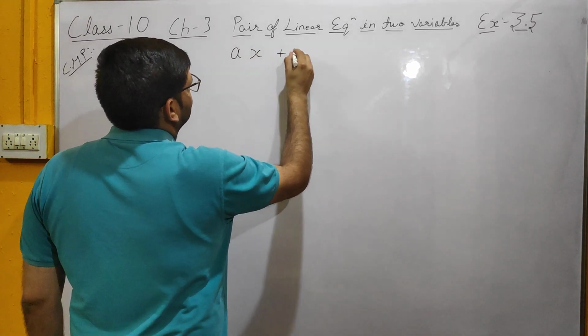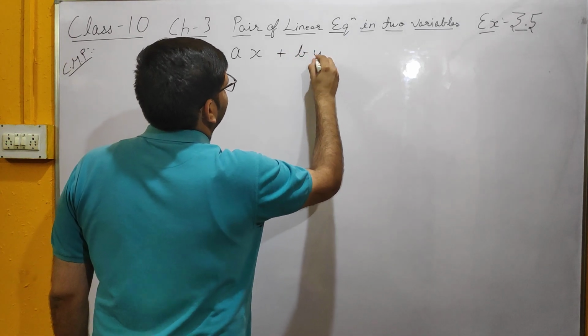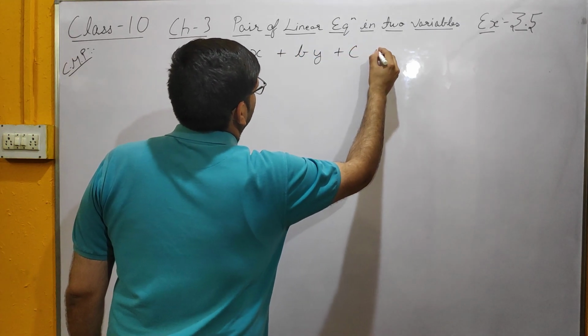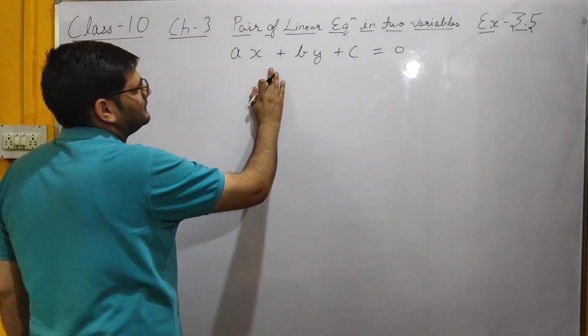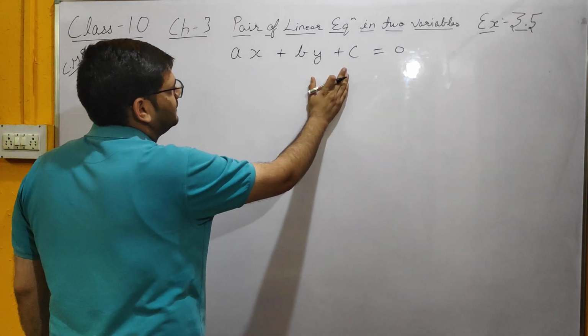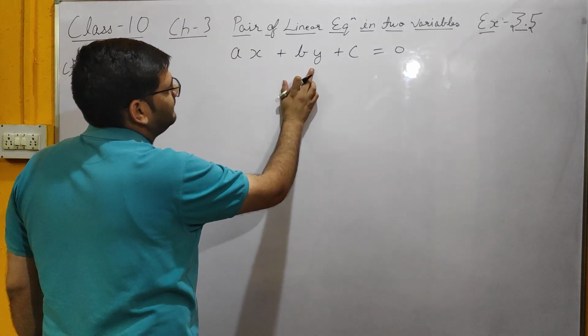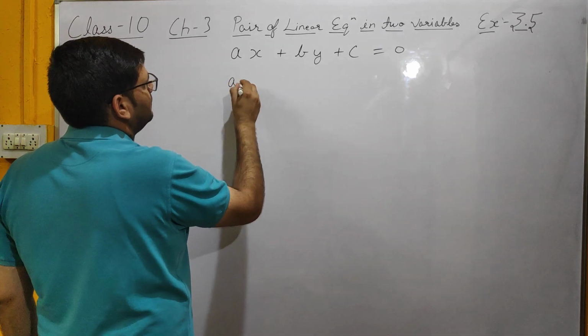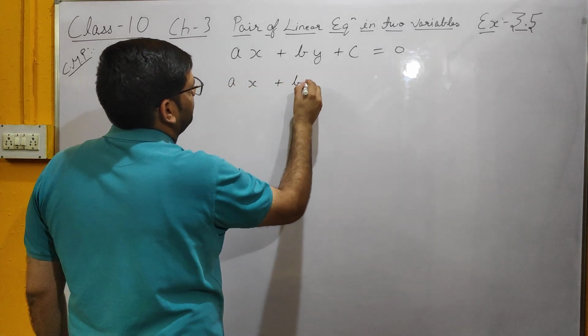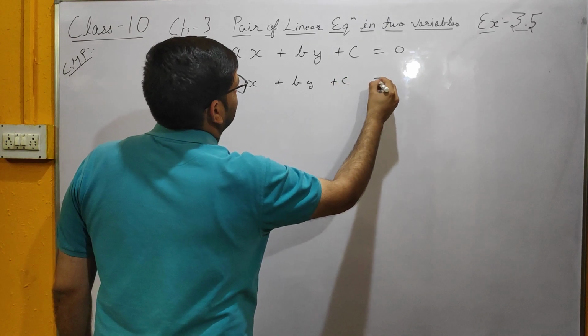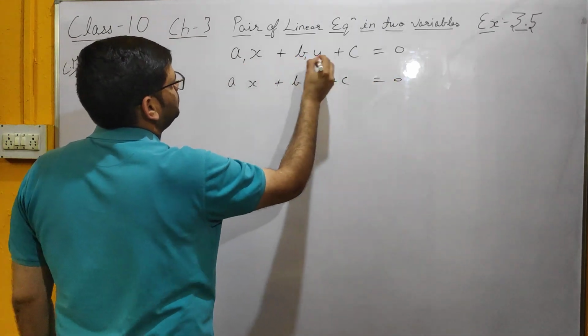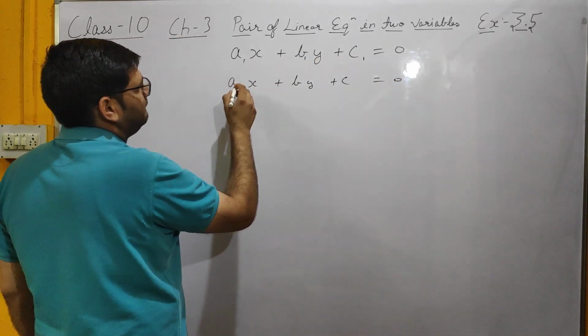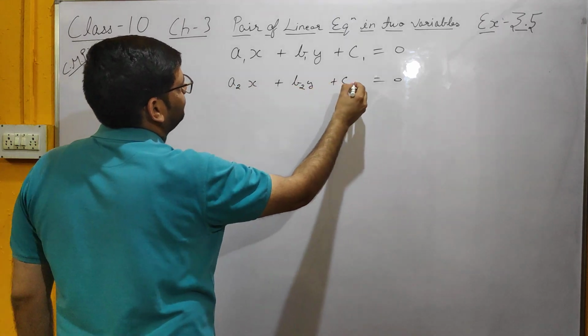ax plus by plus c equals 0. This is a linear equation in two variables. Now, a pair of linear equations in two variables. So just to differentiate, we will write 1 and 2.